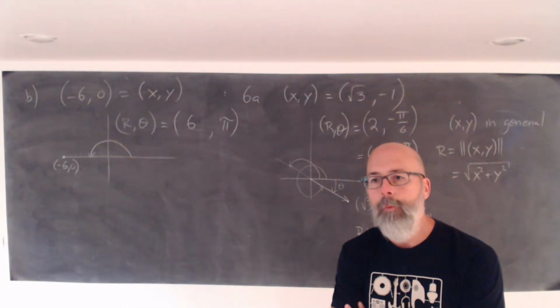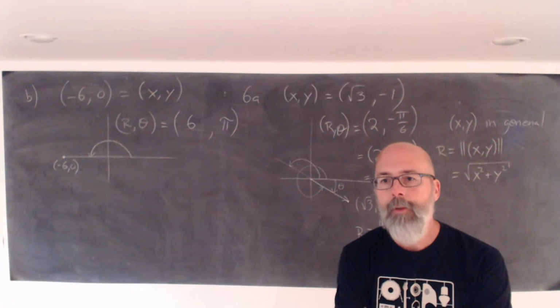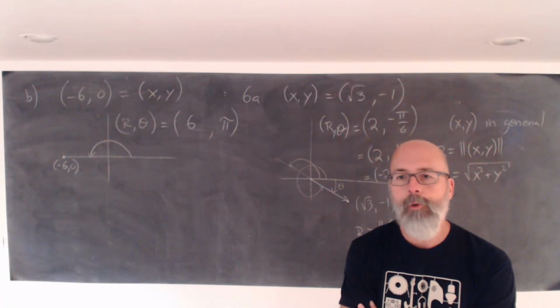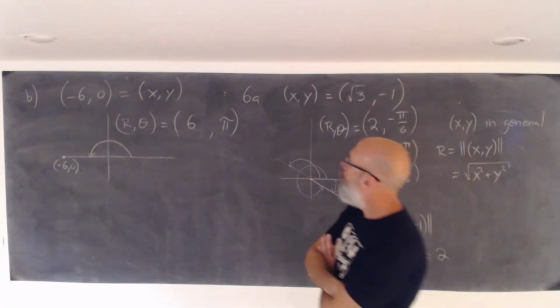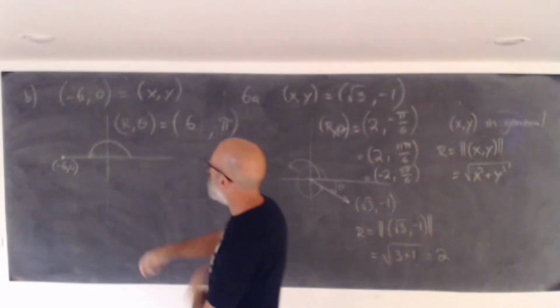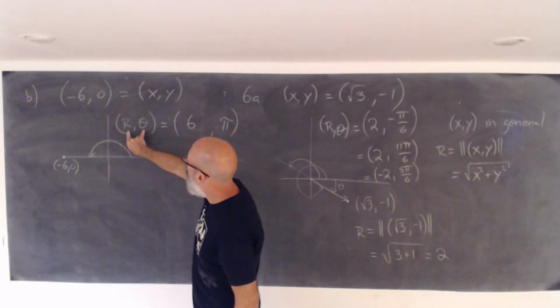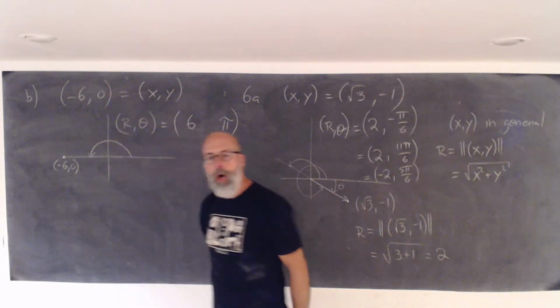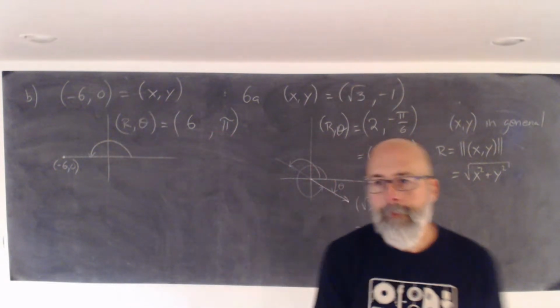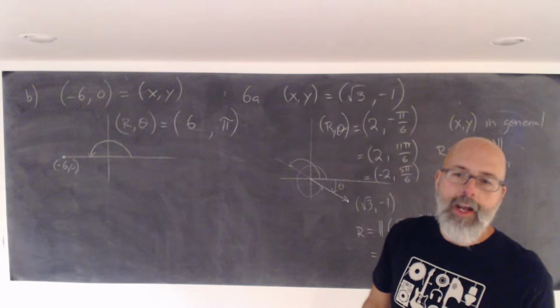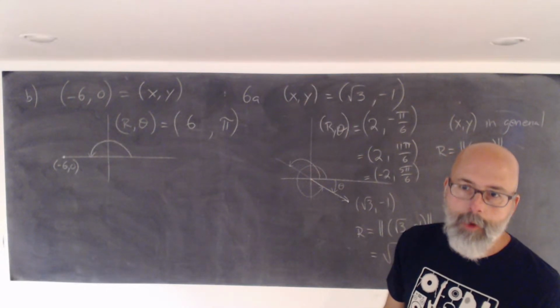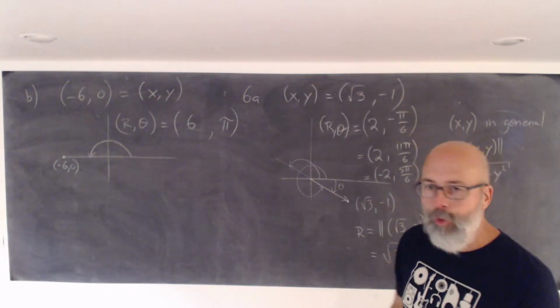In the exam, we'll be clarifying the problem whether a point is in polar or Cartesian. I'll either say r theta or xy. But short answer is those questions will not come up because it's too easy.